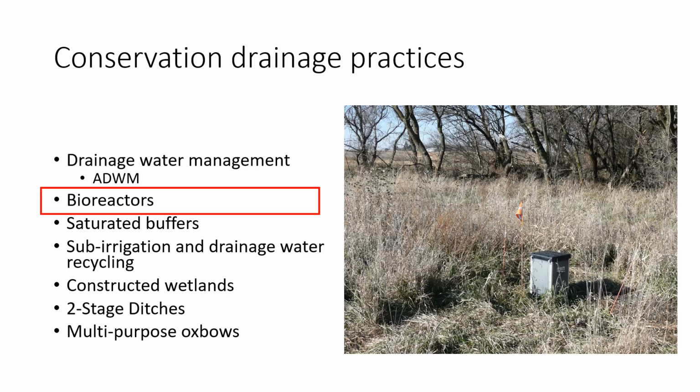Today we're talking about bioreactors, saturated buffers, it will be another episode of this webinar series later on. And then there will be sub-irrigation and drainage water recycling, constructed wetlands, or sometimes referred to as water quality wetlands, two-stage ditches, and multi-purpose oxbows. So there's a lot of different practices out there available in the suite of conservation drainage practices.